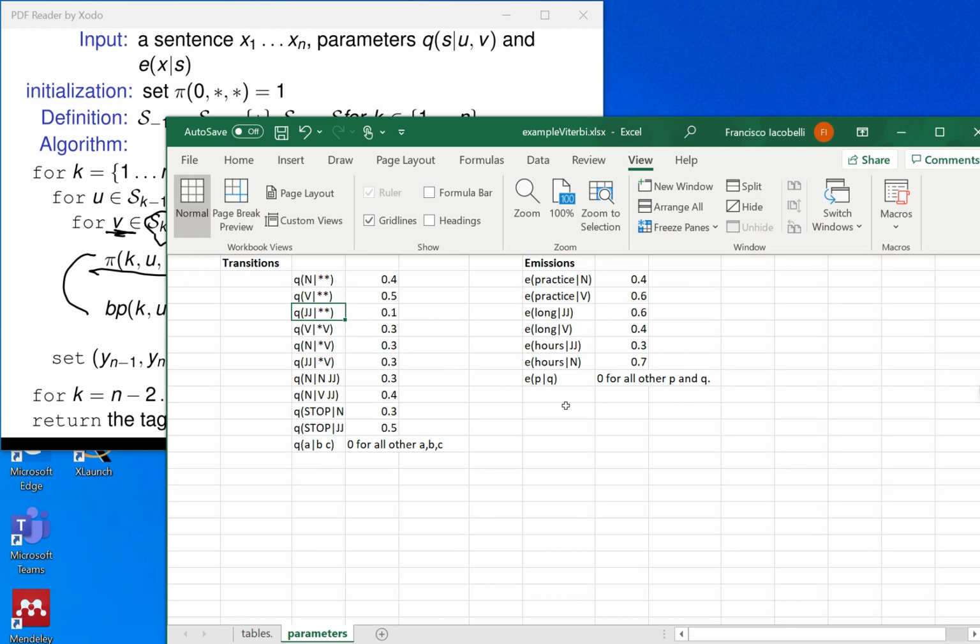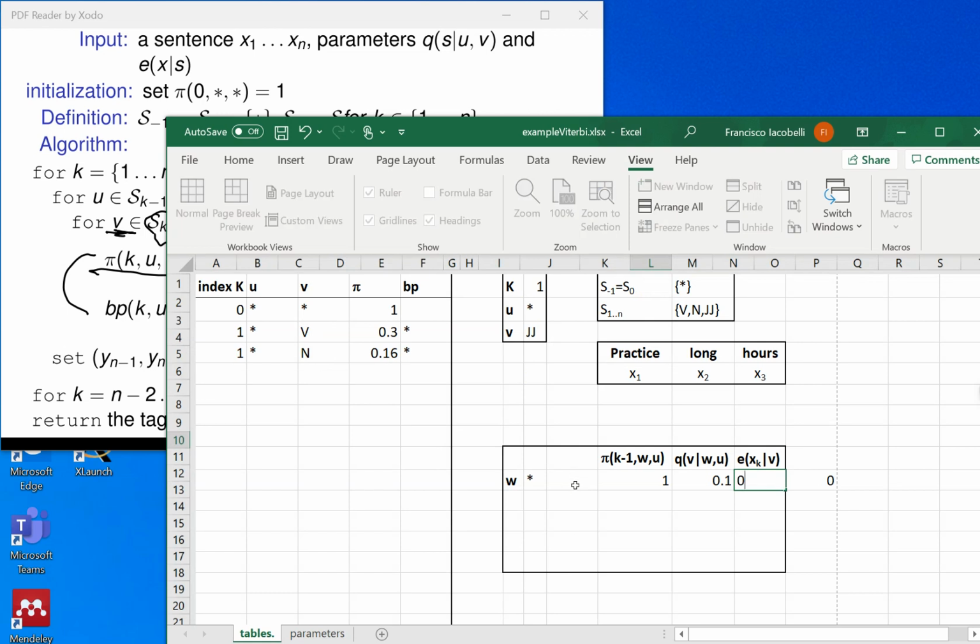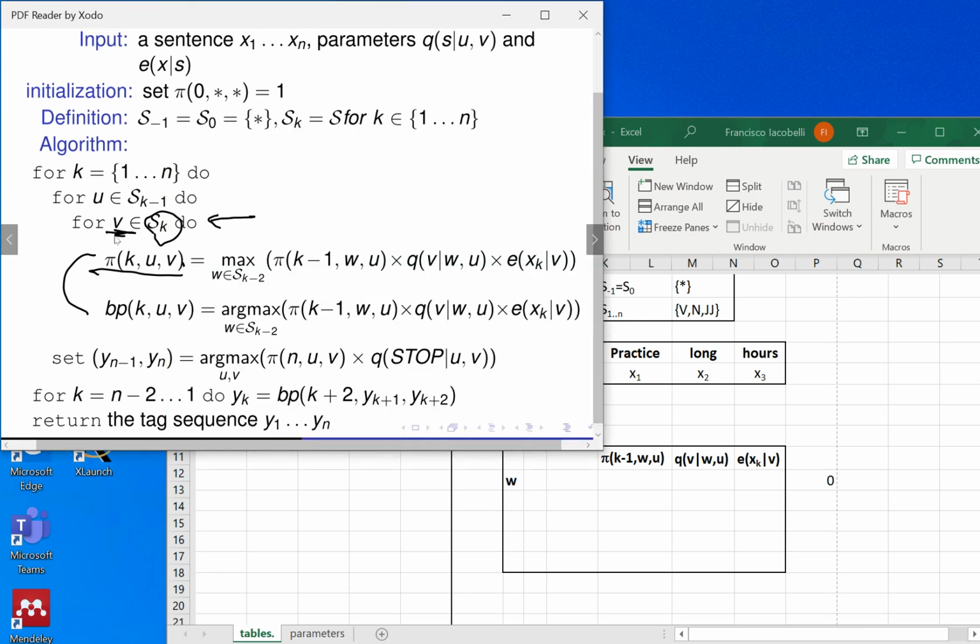We don't see it here, so we're going to assume this rule, which is 0 if we don't see it. So this whole thing is going to be 0, and we're trying to compute pi of k, u, v, which is 1, star, JJ. That's going to be 0, and the tag that generated 0 was W, was star. Now, what happens is we finished looping through V, right? We finished looping through V.